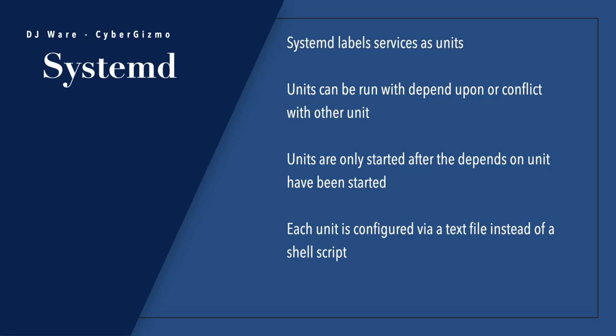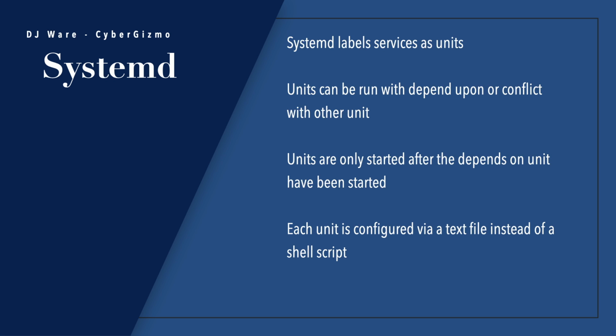You could not say, just launch this group of services but not these. But systemd defines each one of those services as a unit. Those units can be run with dependencies, or you can declare conflicts with other units so that those don't come up and occupy, for example, the same socket number, which would cause a conflict in your system. So units are only started after their dependencies.